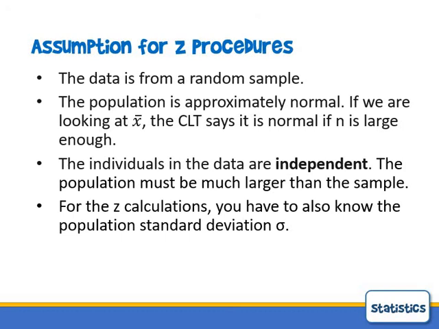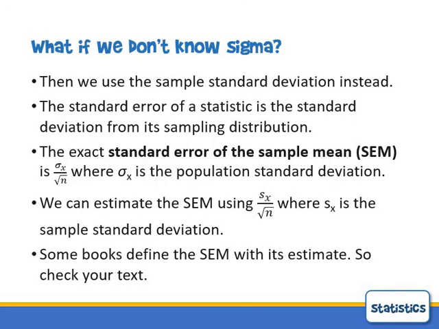And if you knew mu, you wouldn't have to do inference from the sample mean to the population mean. So in real life, it's more common to not have sigma and to have to use S, the sample standard deviation. When you do, the procedures are very similar, but the distribution behind it is not the standard normal distribution. It's what we call t-distributions, which are similar but have slightly different shapes, so slightly different computations when we do the area.